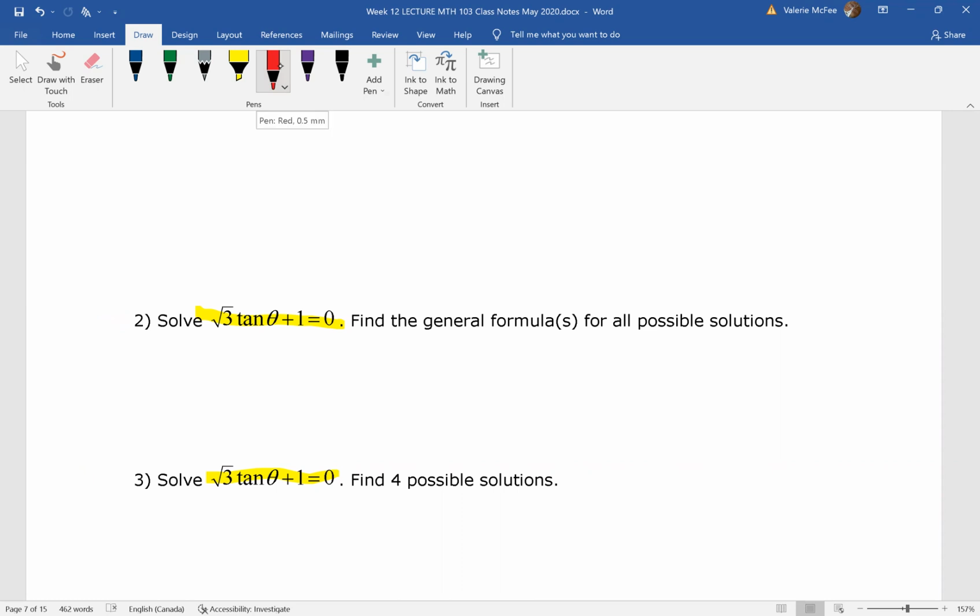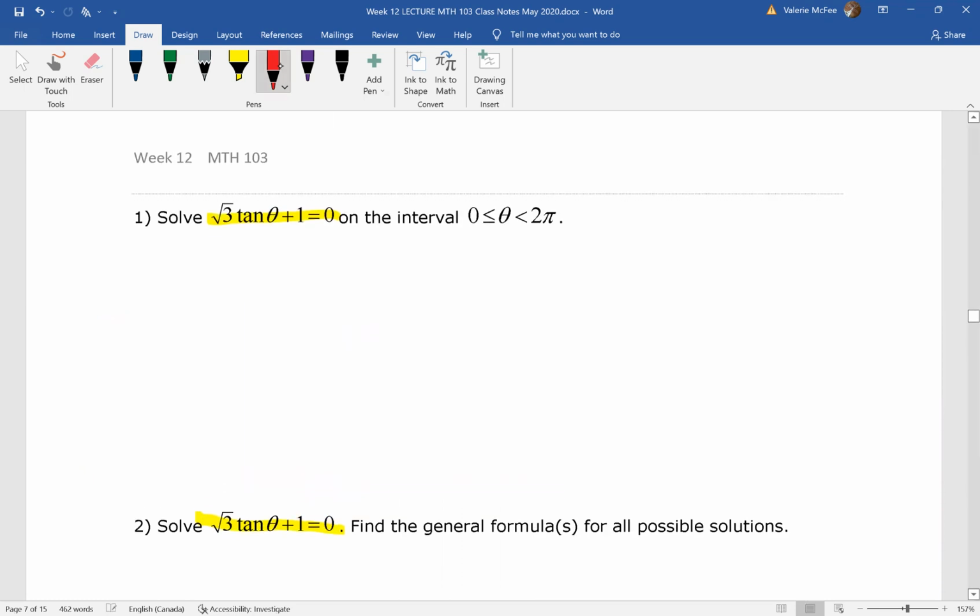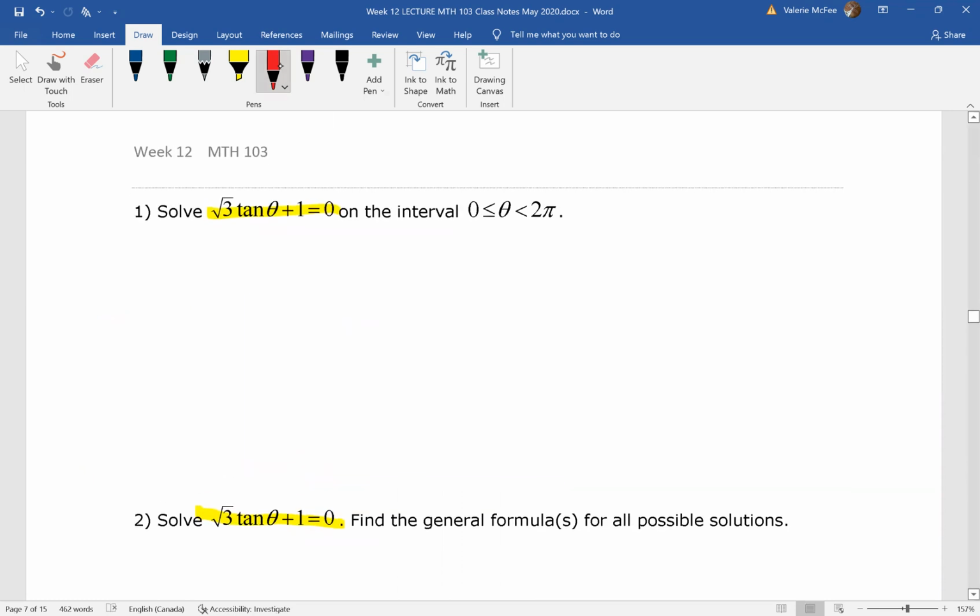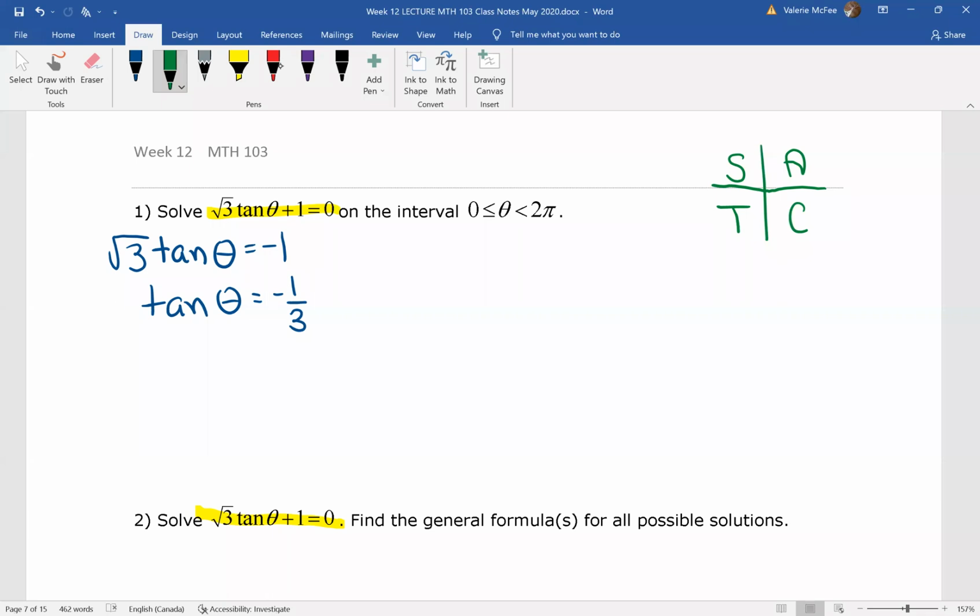So let's go back and why don't you go ahead and solve this equation on the interval 0 to 2 pi radians. You isolated tan theta, and using the CAST rule, you found that tangent is negative in quadrant 2 and in quadrant 4.